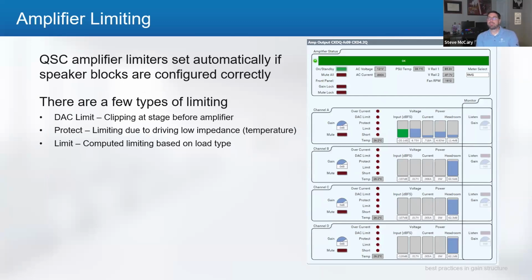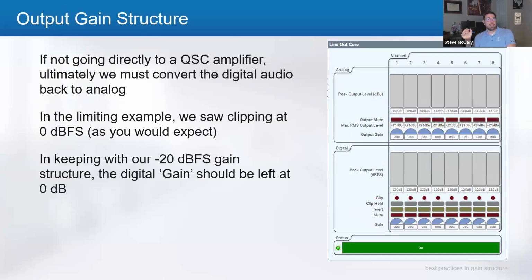If we are using QSC amplifiers and we have our QSC speakers, then when we put the block on the backside of it, that will automatically set our limiters. So you can go through and see, are we hitting the limiter? Are we into protect? All of those things.